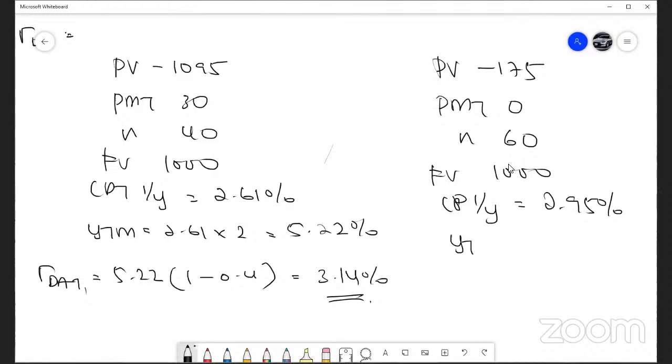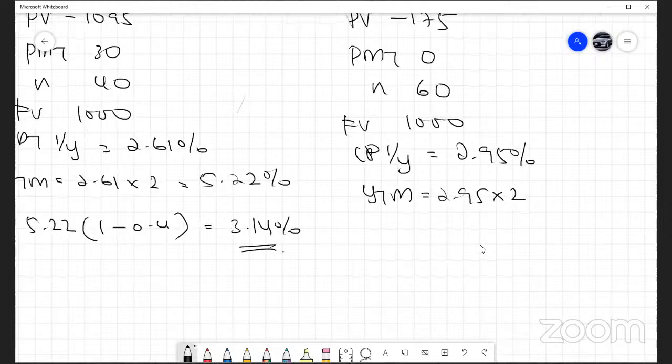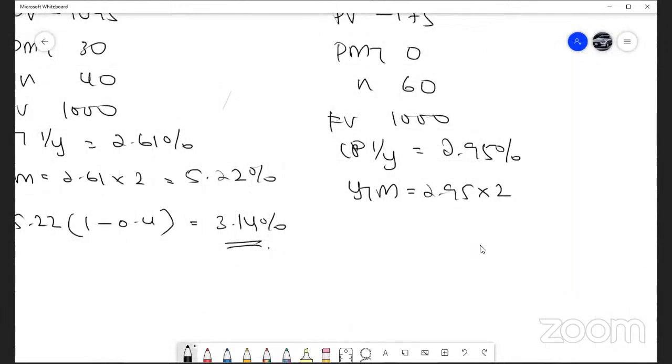So the YTM is 2.95 times 2, which is 5.9. So the RD after tax for debt 2 is 5.9 times 1 minus 0.4, so it should be 3.54.